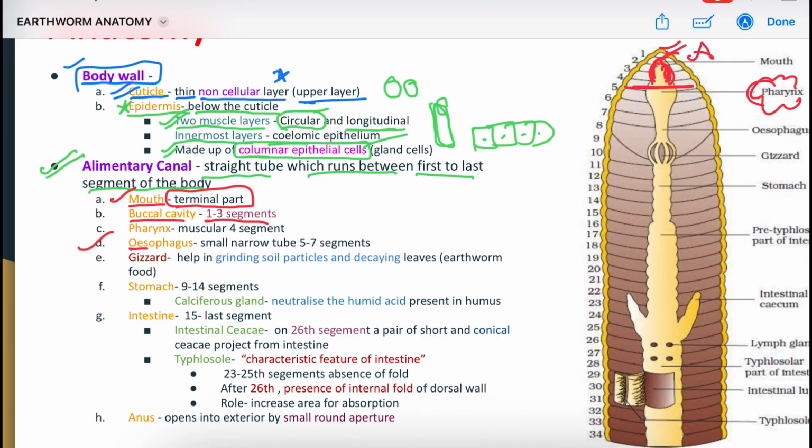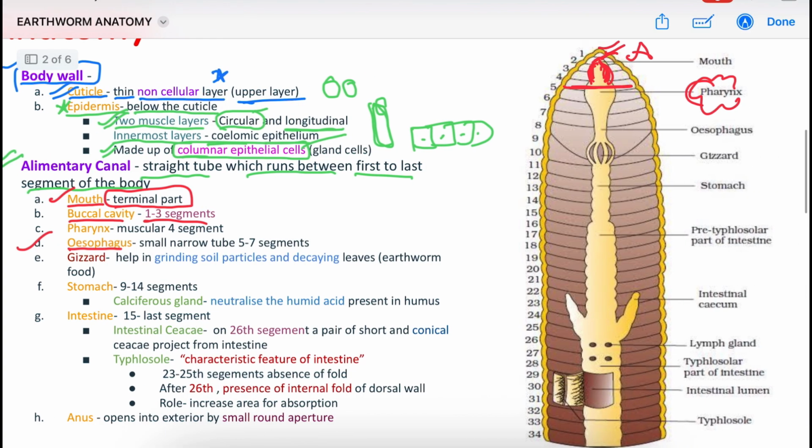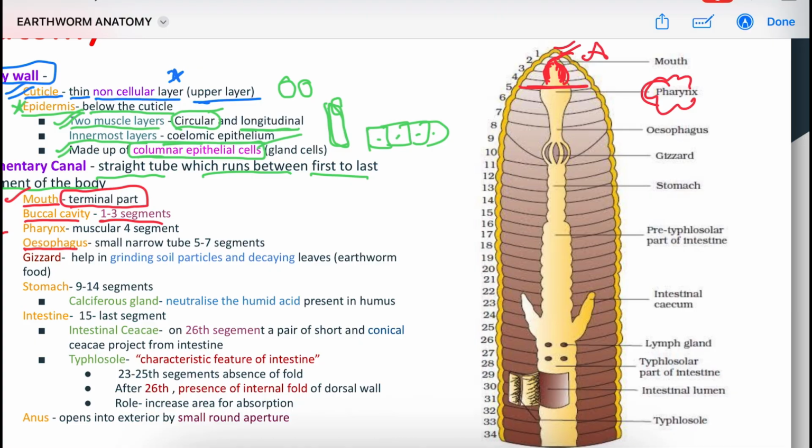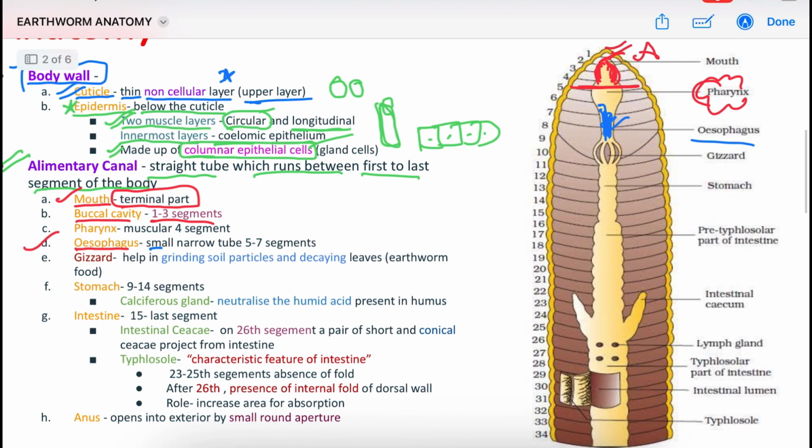Next is the esophagus. This small narrow tube between segments 5 to 7 is called the esophagus.